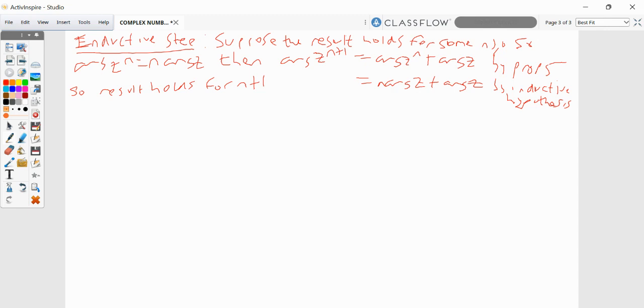Okay. So for negative n, then, this is the new bit. We're going to use the result for positive n.